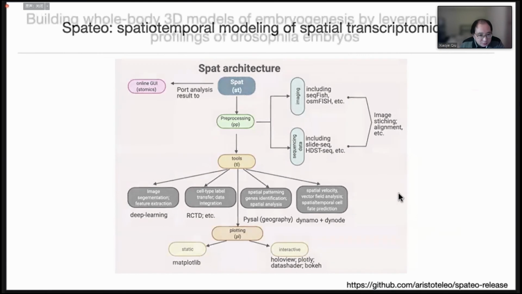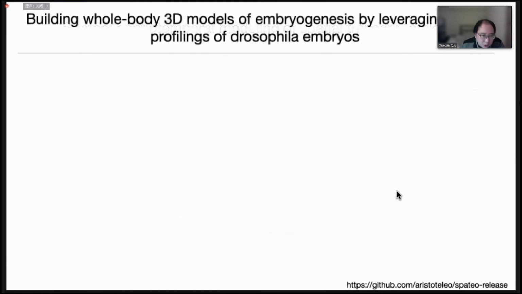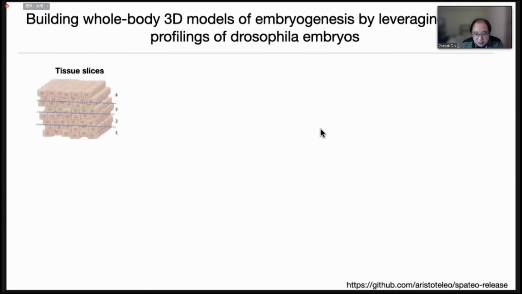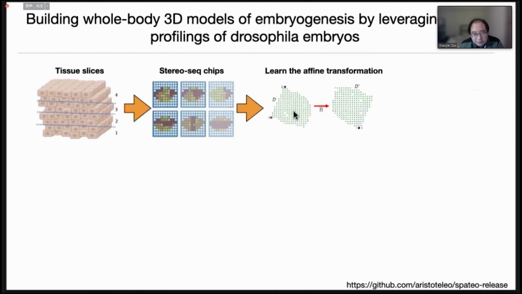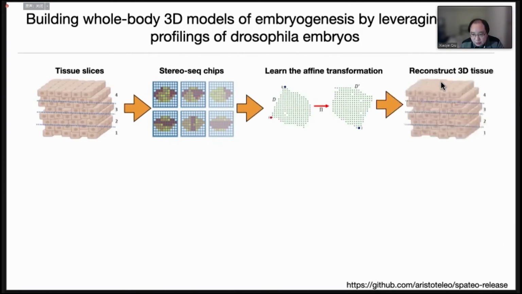Stereo-seq. Here, I'm going to highlight how we can use Spateo to build the whole-body 3D model of the Drosophila embryo. With Stereo-seq, we can perform continuous slicing of the entire Drosophila embryo and map the gene expression in situ. Then we can apply algorithms that learn the optimal affine transformation to align multiple slices, which can then be used to reconstruct the original 3D tissue structure.